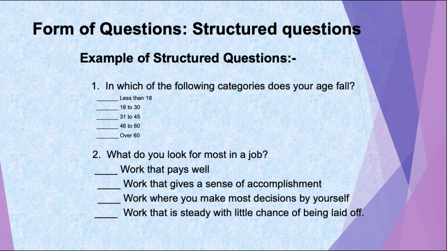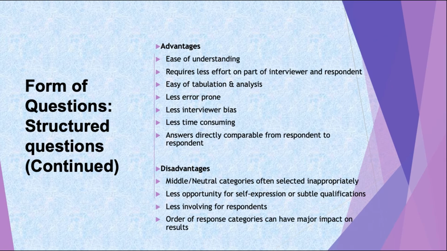But you may notice one thing here. The respondent may find that none of them applies to him. So I think the good way is to add another one: Others, please specify. So if the respondent cannot find his answer among the listed options, he can give more information.